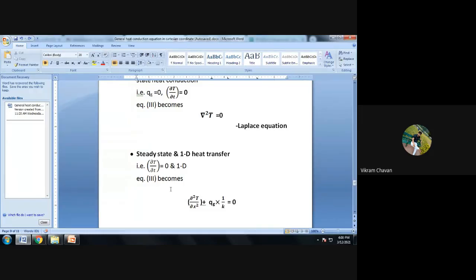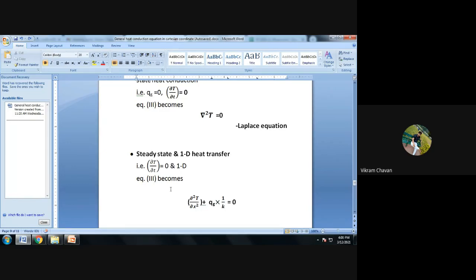That is, ∂T/∂t is equal to 0 for steady state, and 1D heat transfer.